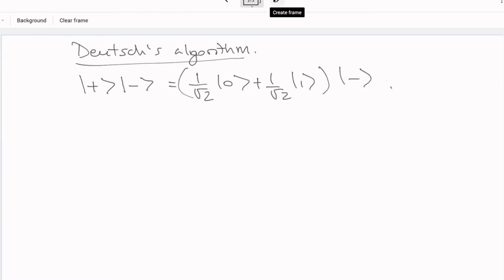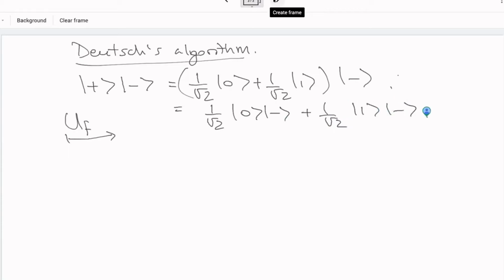Now what happens if I apply U sub f? Let me first write what we have here in a more convenient form. So let me say it's 1 over square root of 2, 0 minus, plus 1 over square root of 2, 1 minus. I'm just breaking up what I had above.